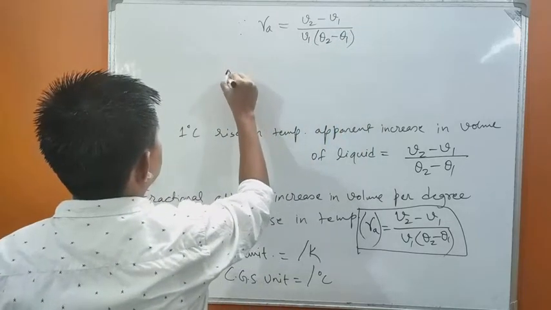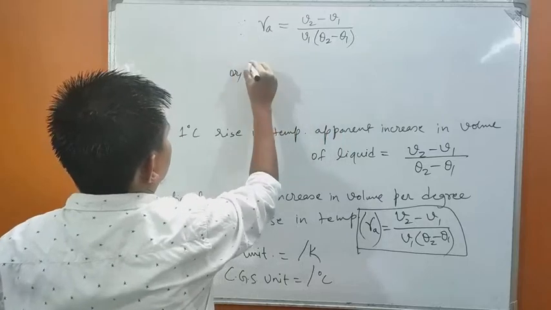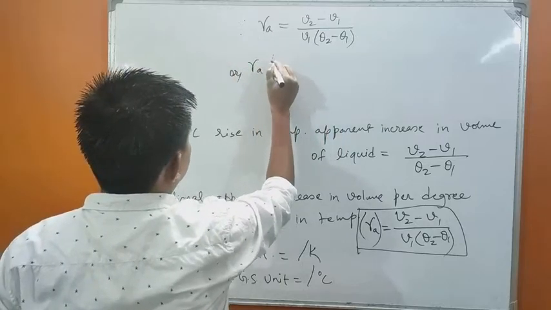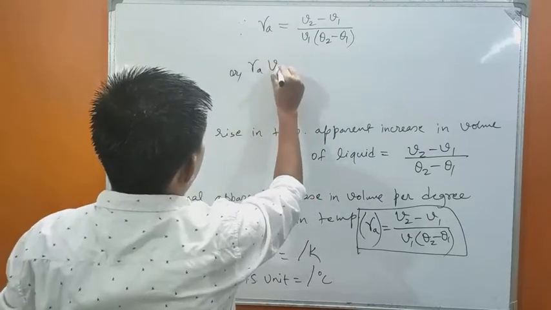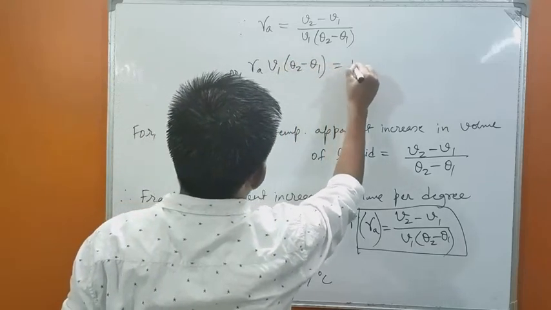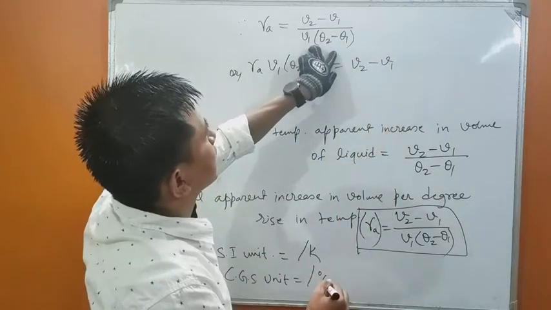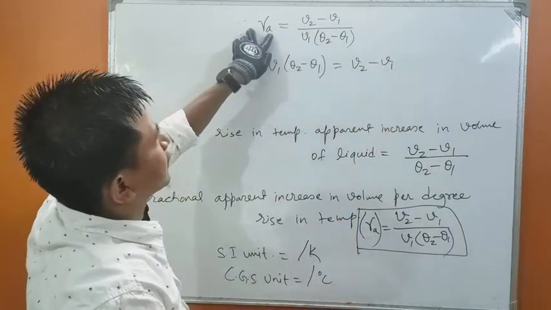So let us cross multiply this, or gamma A into V1 into theta 2 minus theta 1 equal to V2 minus V1. We cross multiplied the denominator to the left hand side.